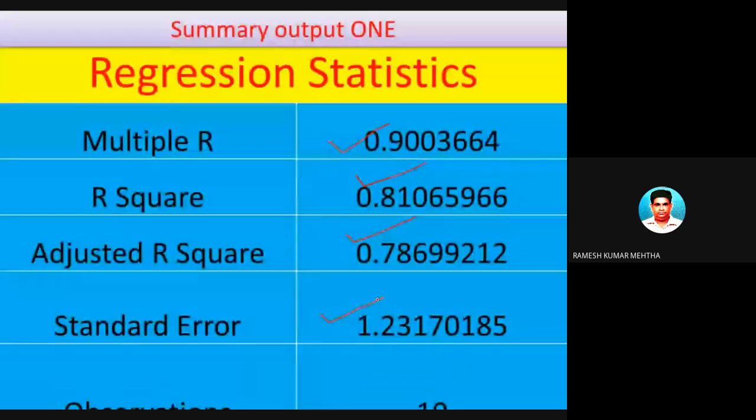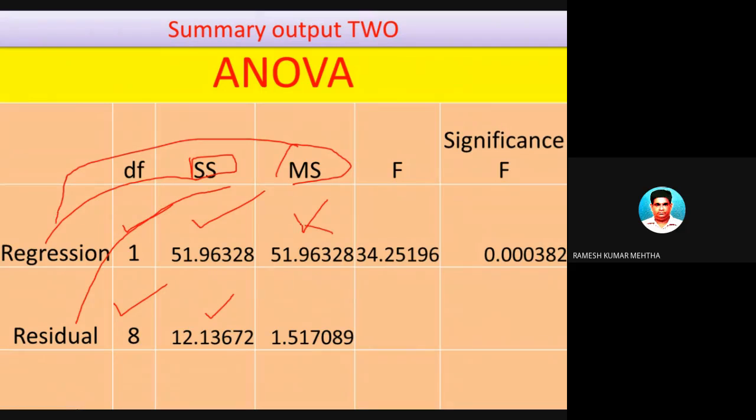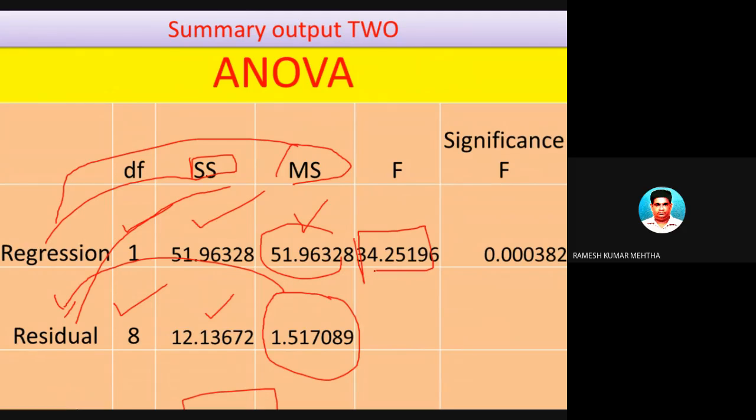We are going to find out degree of freedom of regression, degree of freedom of residual, sum of squares, we call it SS, sum of squares of regression, sum of squares of error or residual. We are also going to predict the mean sum of squares of regression, then the mean sum of squares of residual, and find out how these values have arrived. We are going to find out in the next minute or so how we arrived at these values. This is a very, very interesting discussion.